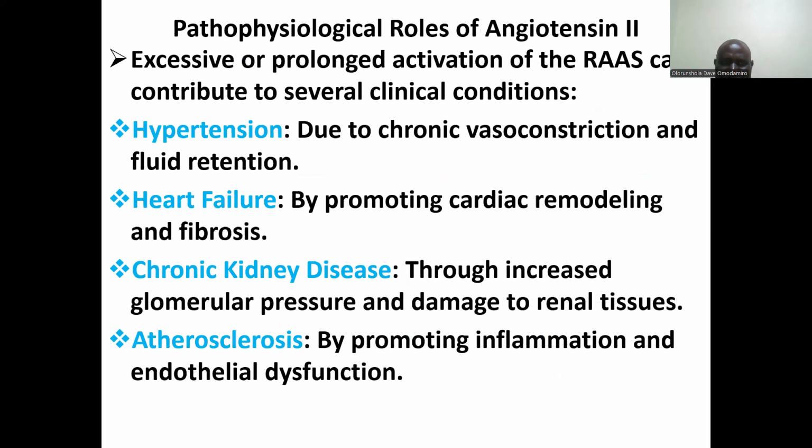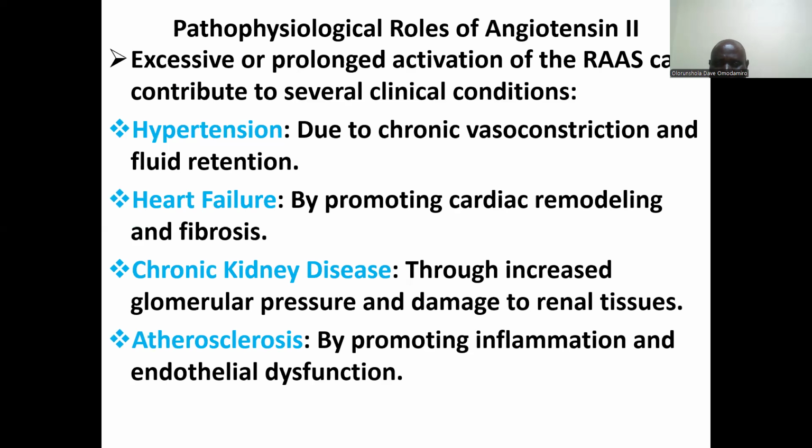Okay, so it's good for us to also look at a few pathophysiological roles of angiotensin. Of course, excessive or prolonged activation of the renin-angiotensin-aldosterone system can contribute in no small way to several clinical conditions.